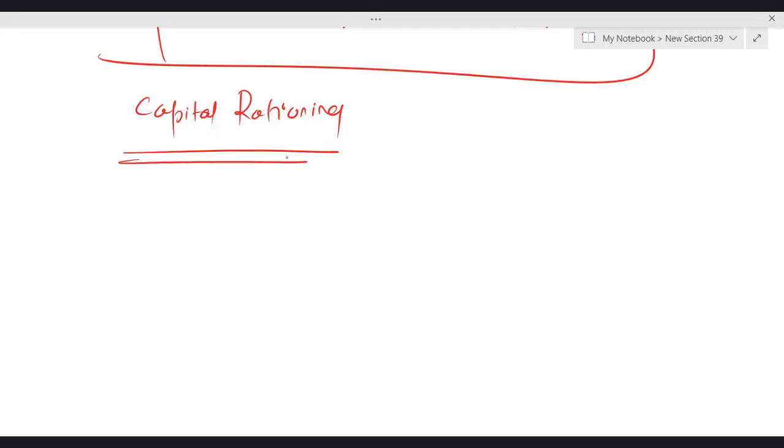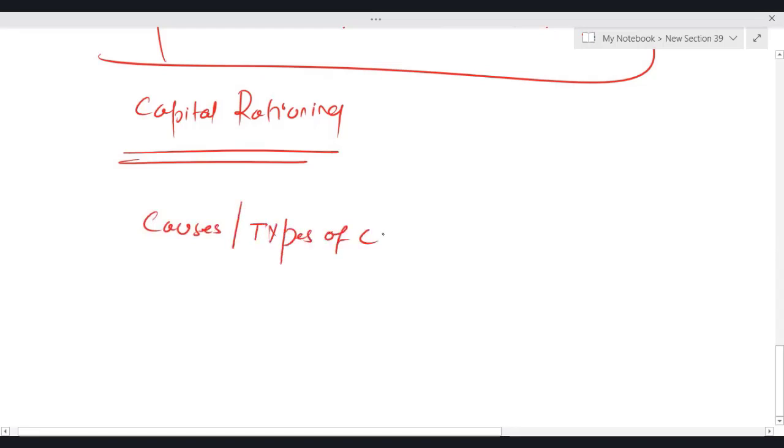Now there is a question. Why do companies face capital rationing? What is the reason for facing capital rationing? If somebody is asking you what are the causes or types of capital rationing, both questions will have the same answer.